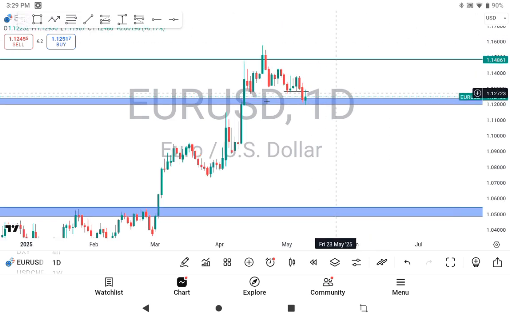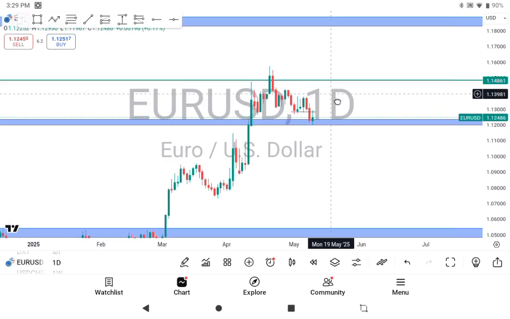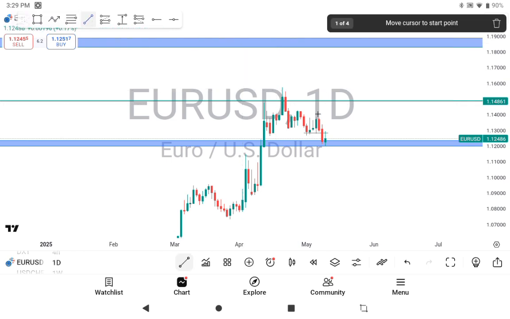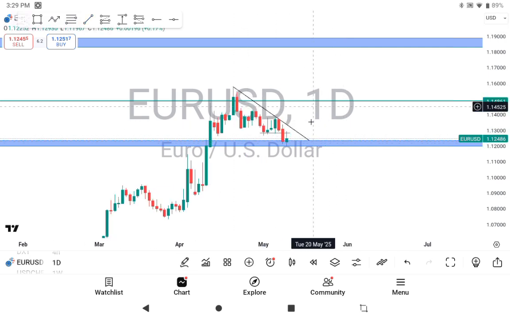So now I can see a buy opportunity right here that price can break out from to attempt this green bar again.